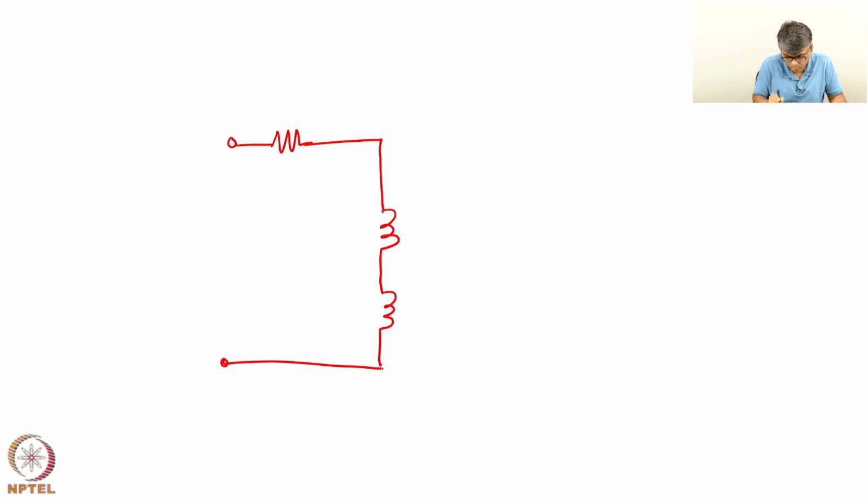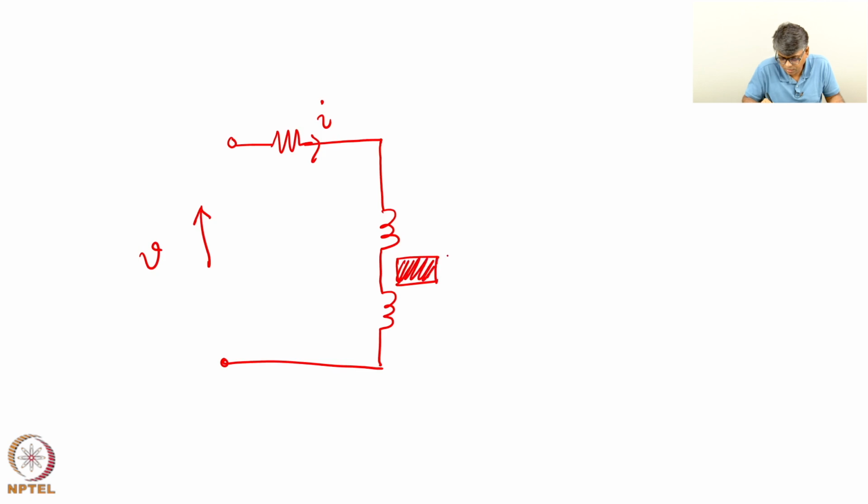Likewise, if you remember the speaker circuit, we have this electrical circuit. The incident signal V sets up a current I, and that current is the armature current. That armature current causes a magnetic field.